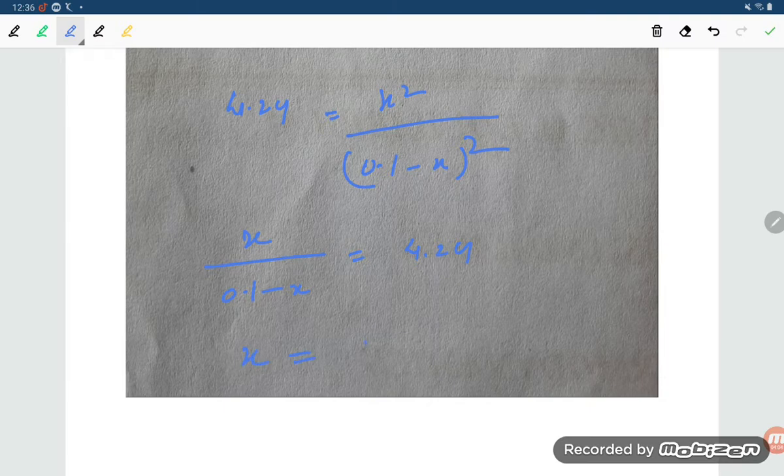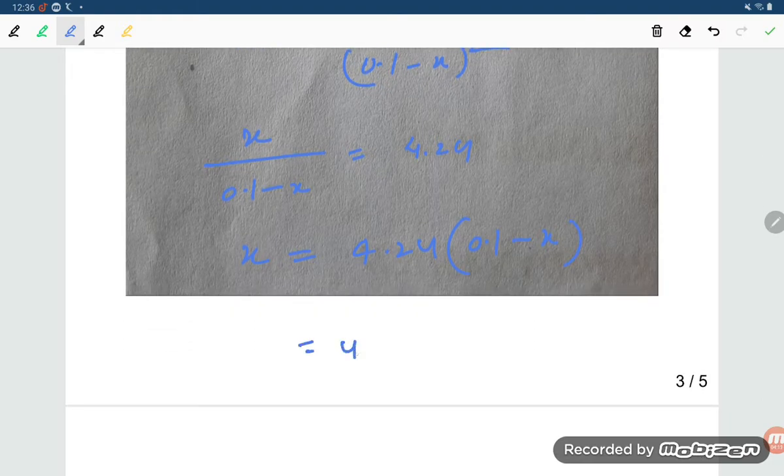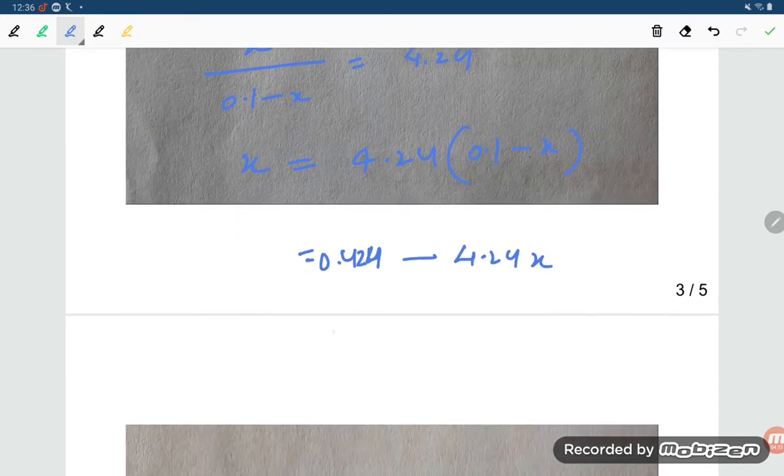X is equal to 4.24 in bracket 0.1 minus X. So 4.24 times 0.1 gives 0.424 minus 4.24X. Now you try to subtract it, student.